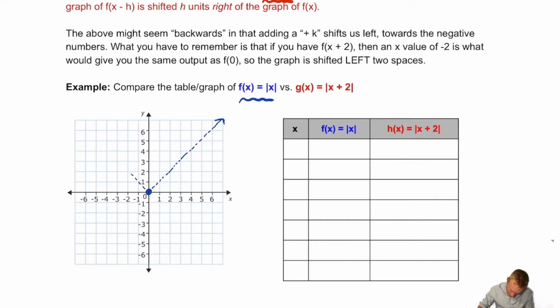So where is the vertex of the absolute value of x plus 2? Where is that vertex going to be? It's going to be at an x of -2, because it takes -2 in x to get that output of 0. And so if we were to fill out an extended table, say we started at -4 and then we went all the way here, we'll see why in a second.